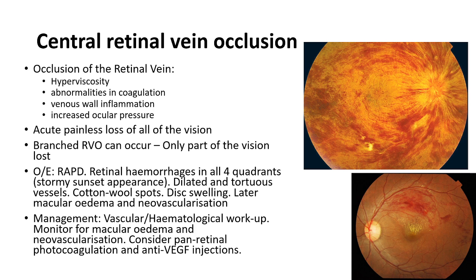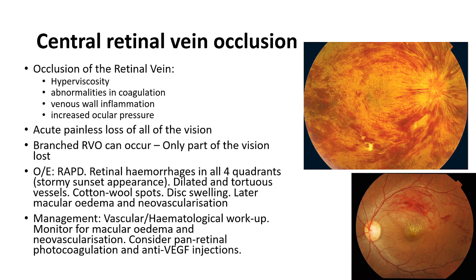In contrast to central retinal artery occlusion, the causes, examination findings, and management are different for central retinal vein occlusion. Hyperviscosity, hypercoagulable state, inflammation of the veins, or increased eye pressure are all possible causes for CRVO.